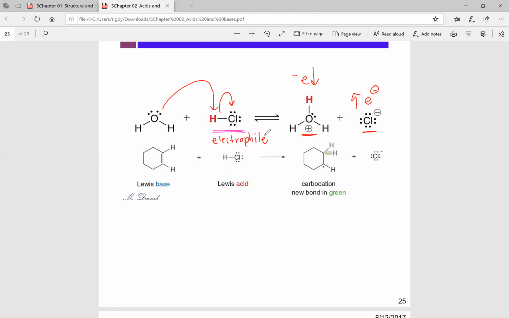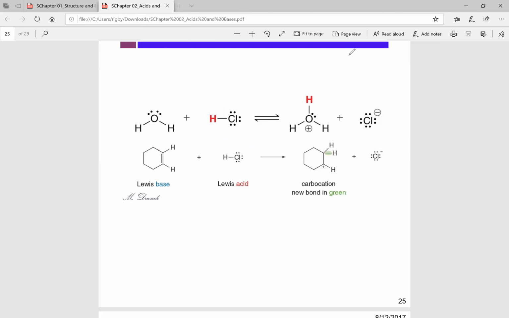So our Lewis base is going to be considered our nucleophile. Okay? And generally, a nucleophile is going to attack a nucleus, and an electrophile is going to gain electrons from a broken bond.